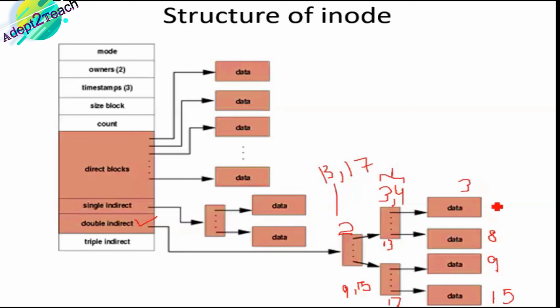When you go to location number 3, it can get the exact data, and next it can locate the data at pointer number 8. Likewise, in the second case, it will go to location number 17, where two locations are stored, 9 and 15. So now the data can be retrieved from here.